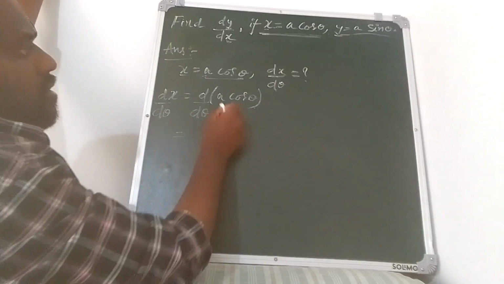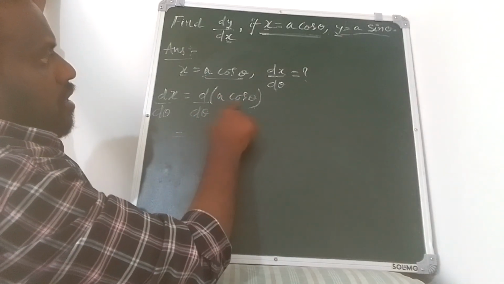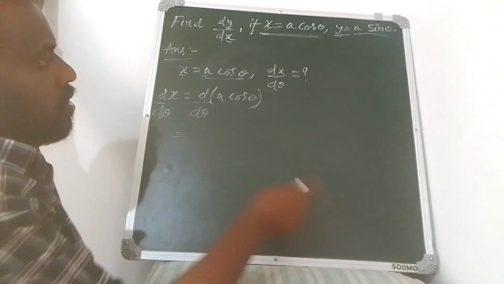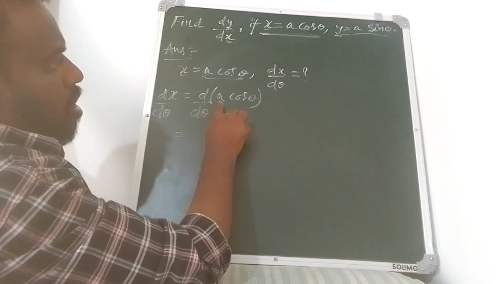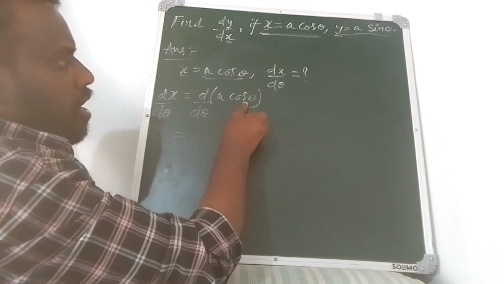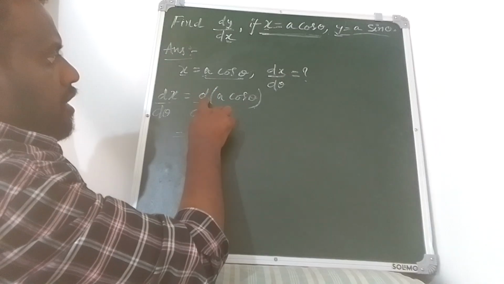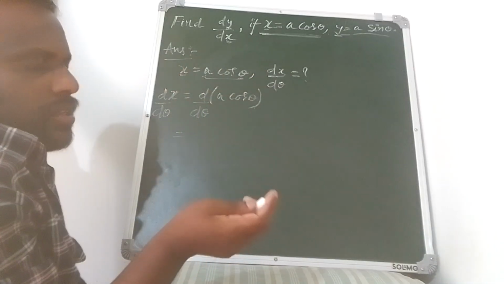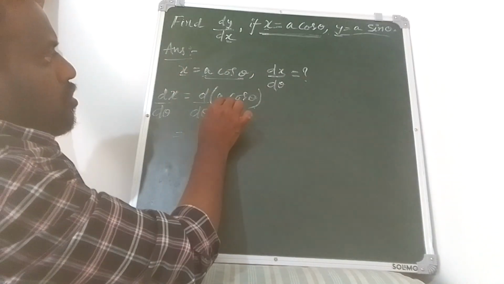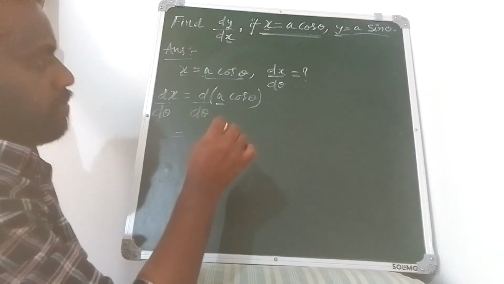Next, see, this a is constant, cos theta is a function. When there is a constant into a function and we are finding a derivative like d by d theta or whatever, at that time first you take this constant outside.